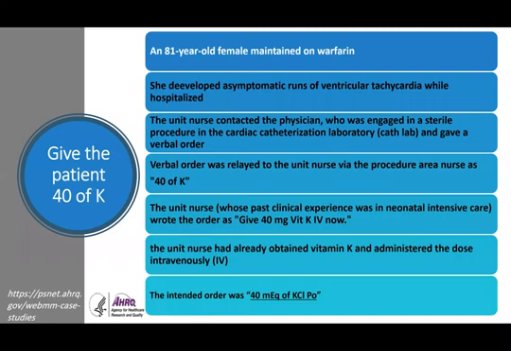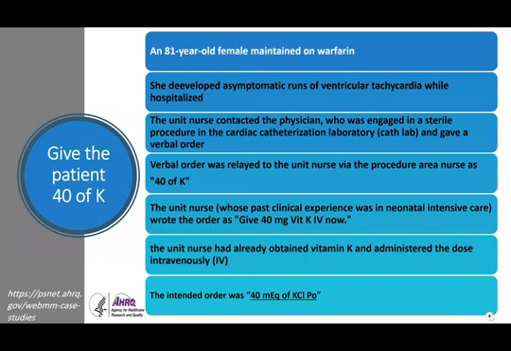The reason is that if you work in the neonatal ICU, the only K we know there is vitamin K, and that's the only K we give to the patient. We do not give any other K. The unit nurse then administered 40 milligrams of vitamin K IV to the patient. The actual order was supposed to be 40 milliequivalents of potassium chloride per oral.